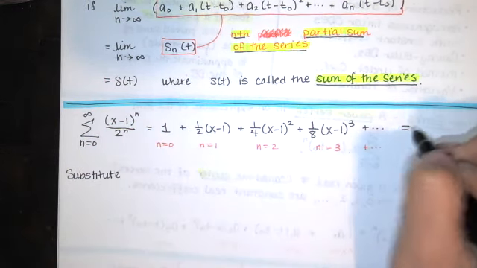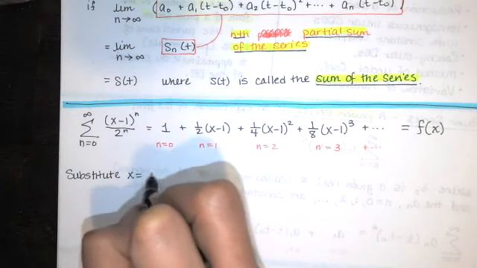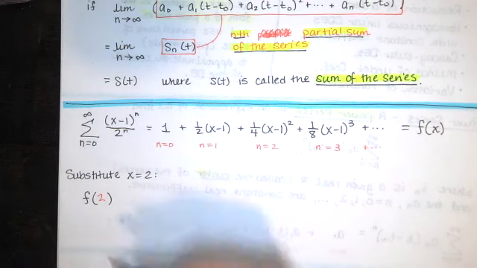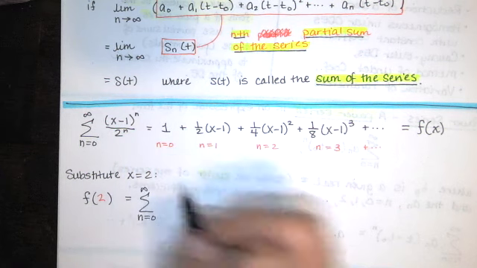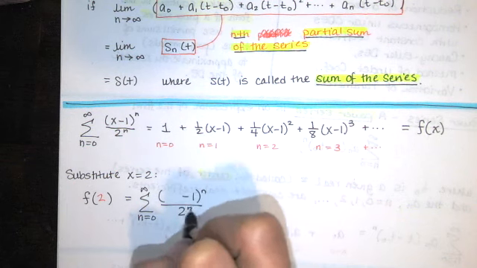So we could think of this as a function of x. I'll just call it f of x. I'll say f of 2 equals what? So now I've got the sum as n goes from 0 to infinity of (2 minus 1) to the nth over 2 to the nth.